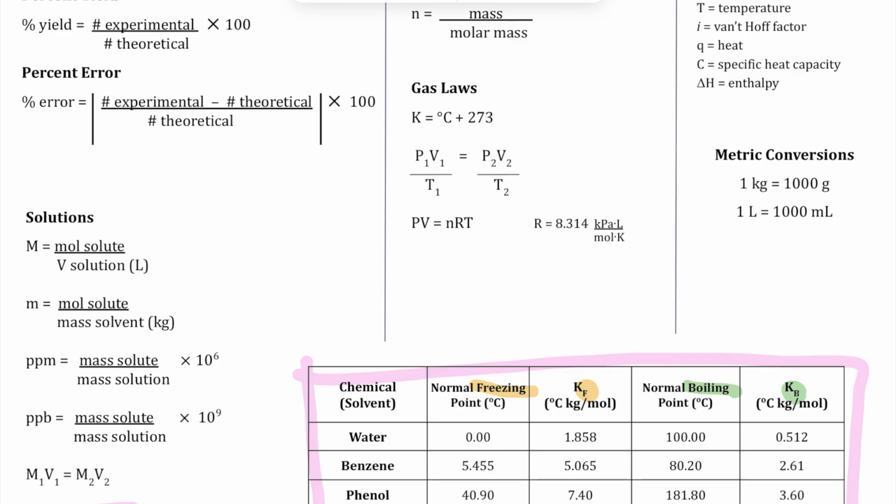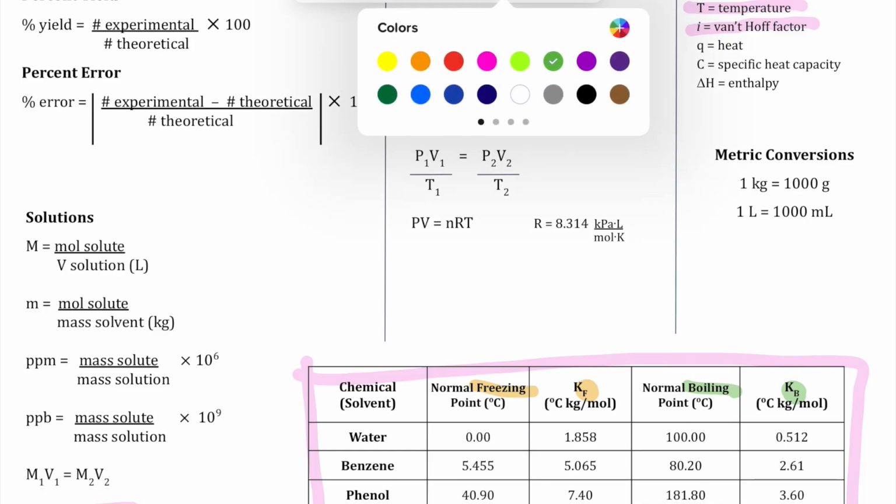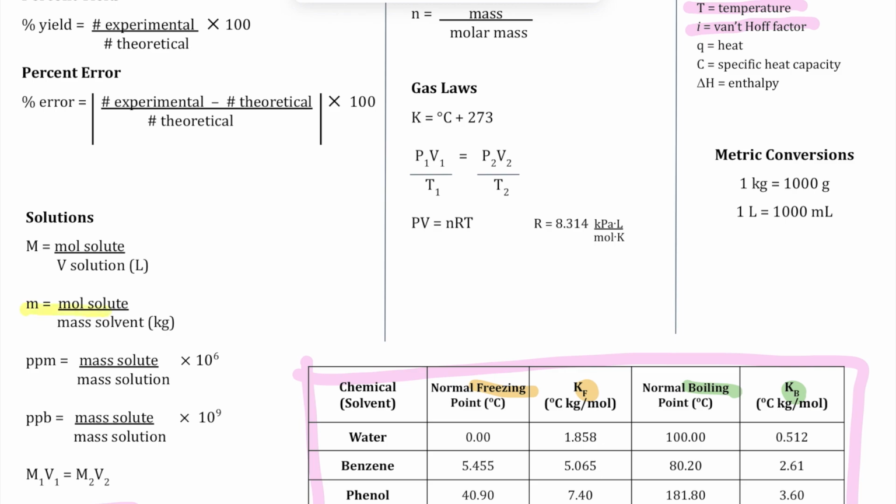And so those K values we are going to get from our table. And for that i as well, if you forget, we have what i means, that is your Van 't Hoff factor, and then capital T is temperature. So capital T is temperature, K value comes from here. That lowercase m, molality, our molality formula is also provided here for us. So we kind of have everything that we need on that formula sheet.